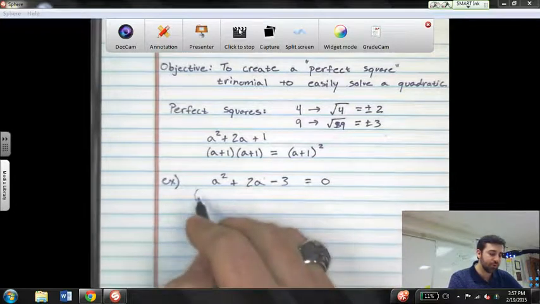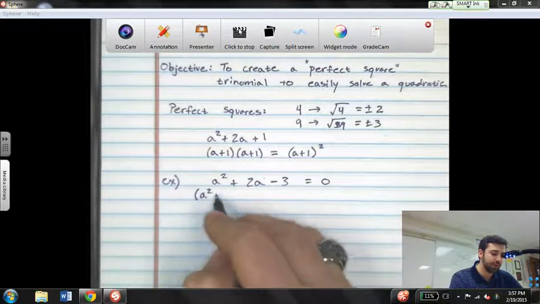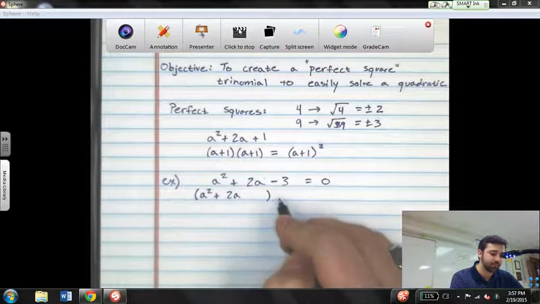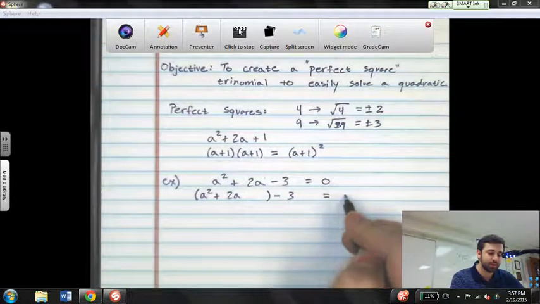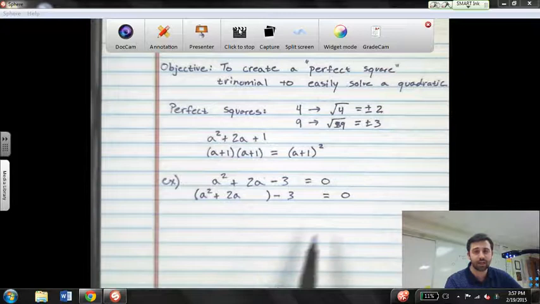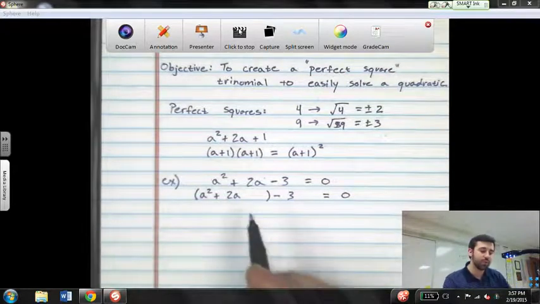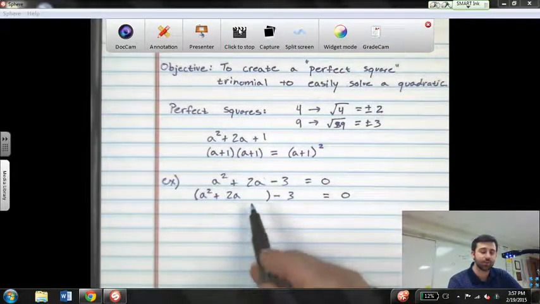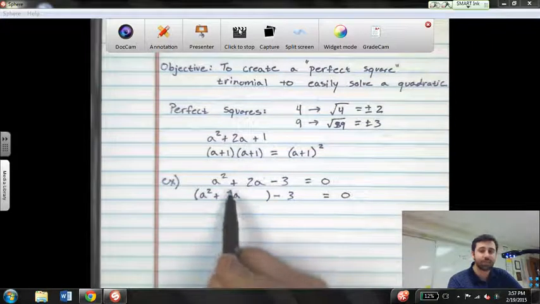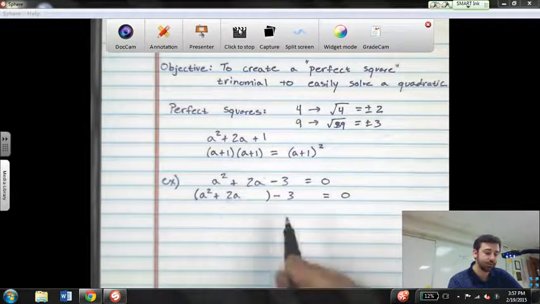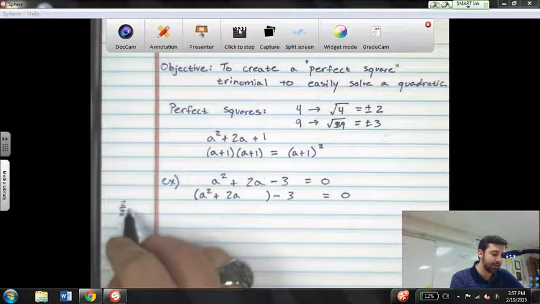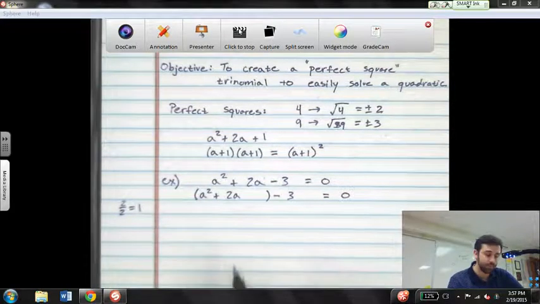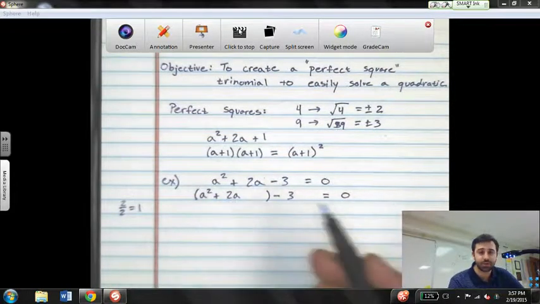I'm going to group my variables to begin with. Notice how I'm leaving gaps in parentheses and after my constant here. Once I group them, I'm going to take this b coefficient and divide it by 2. In this situation, 2 divided by 2 is 1.